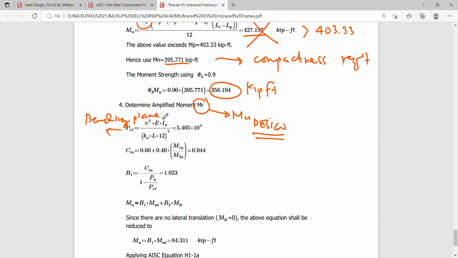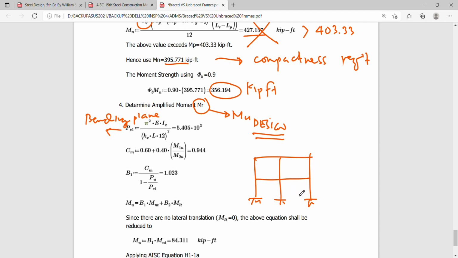So PE1 means that this has something to do with the bending about the bending plane. So it has nothing to do with the weak and the strong axis. It has something to do with the plane of bending into which your frame structure was taken. Okay, so if I have here my frame example, for example, so my plane of reference is this one.